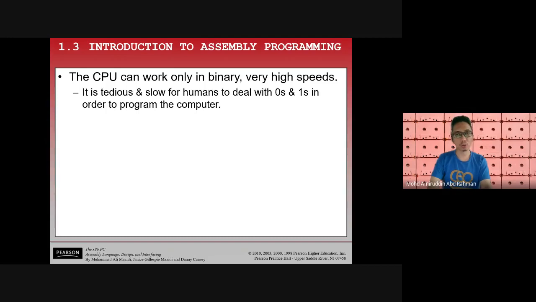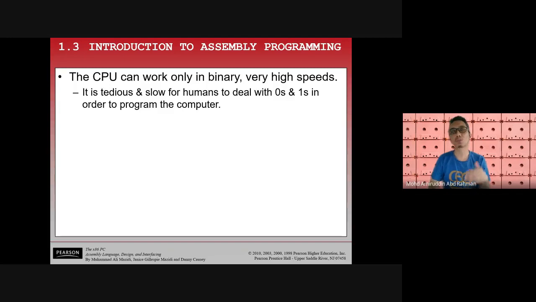That's actually the computer, the microprocessor. You must have a human as a programmer to program the microprocessor to work based on the instructions given. As you learned, the CPU can only work in binary, which is 0 and 1. The computer can work at very high speed using binary, but it is tedious and slow for humans to deal with 0 and 1.